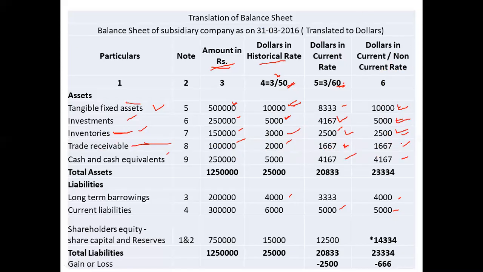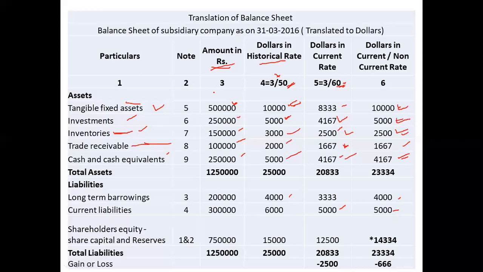Then cash and cash equivalents, obviously also a current asset, 2,50,000. Divided by 50, because at the historical rate $1 equals 50, it is 5,000. At the current rate, 2,50,000 divided by 60 is 4,167. This is also a current item, so the value has to be taken as 4,167.